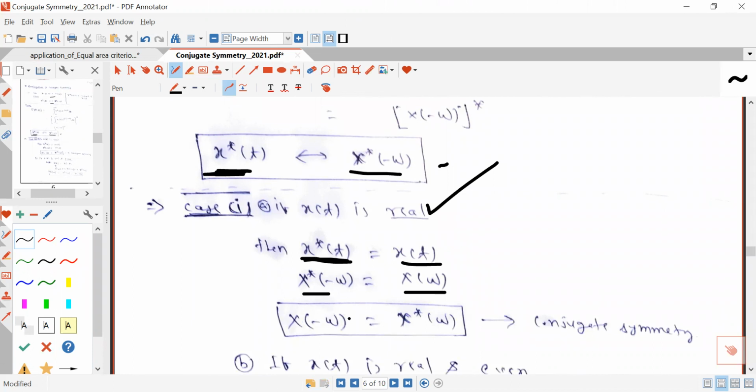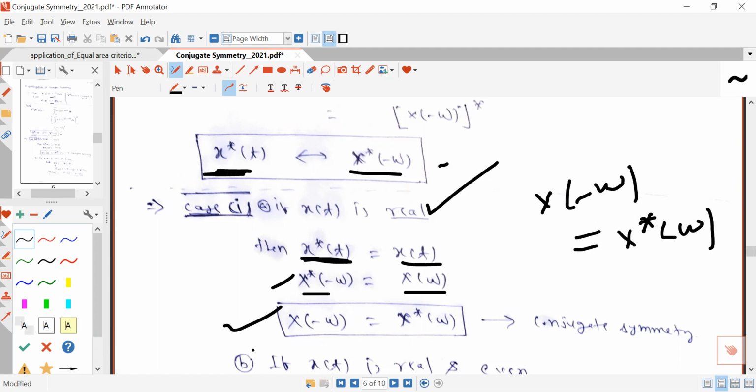So for a real signal, X conjugate of minus omega and X(omega) are equal. If you take the conjugate on both sides, then the left hand side becomes X of minus omega and the right hand side becomes X(omega) conjugate, and this is called conjugate symmetry.